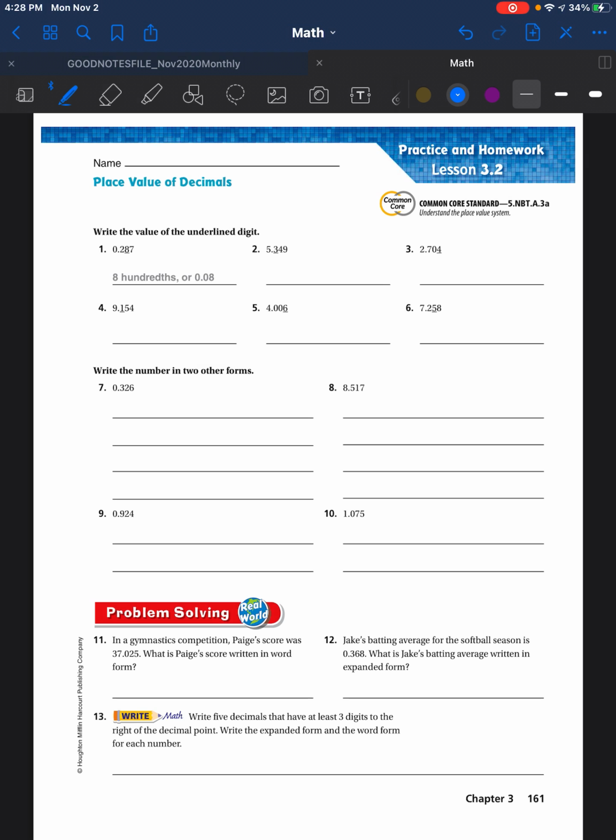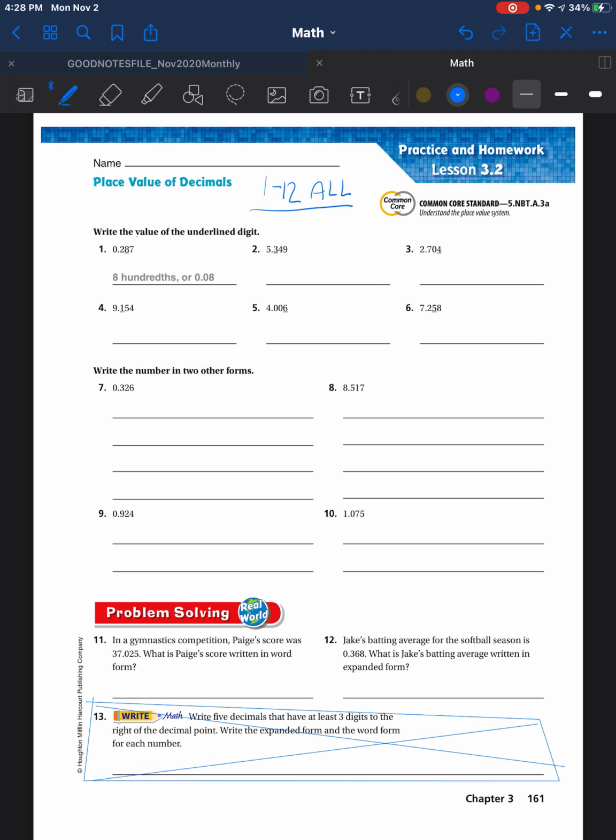This one wasn't the one that jumps all over. The only problem that you're not doing would be 13, so you can block that one out. You're doing 1 through 12 all. Okay?